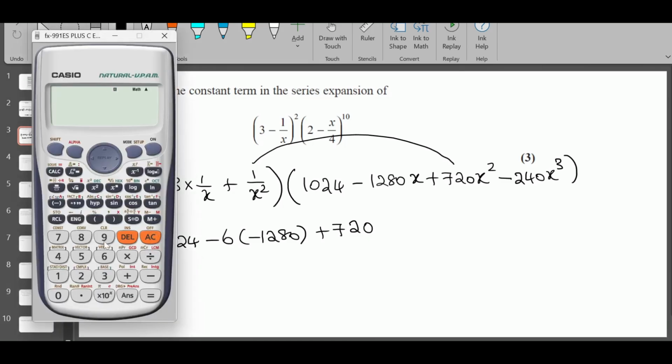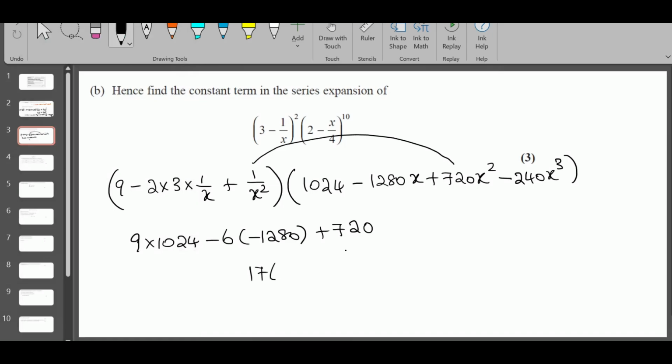So it's 9 times 1024, negative times negative is positive, 6 times 1280, plus 720. So the constant term is 17616.